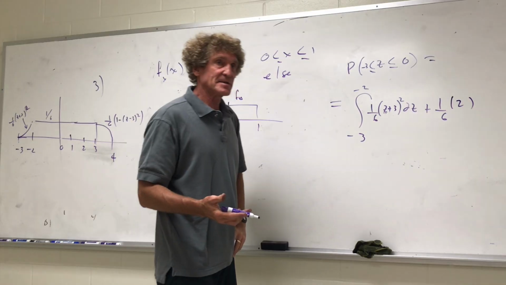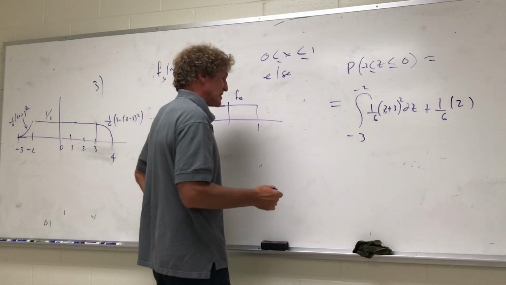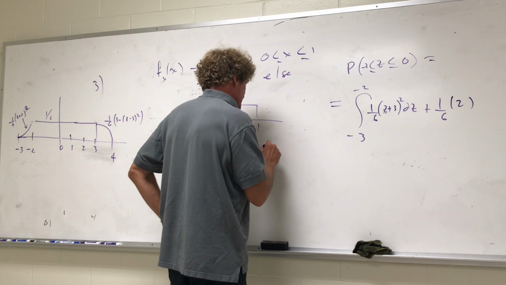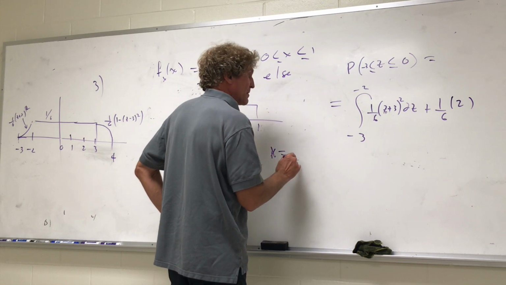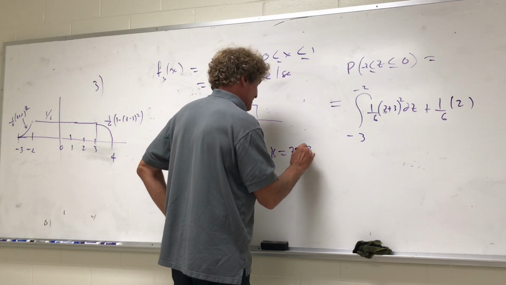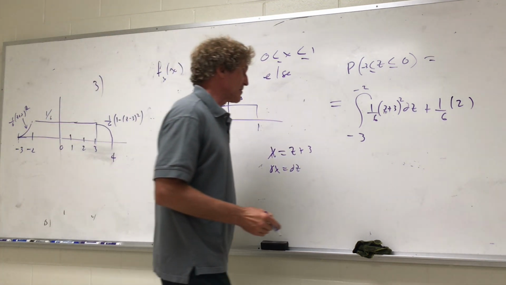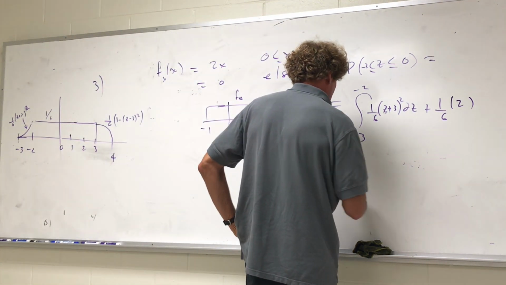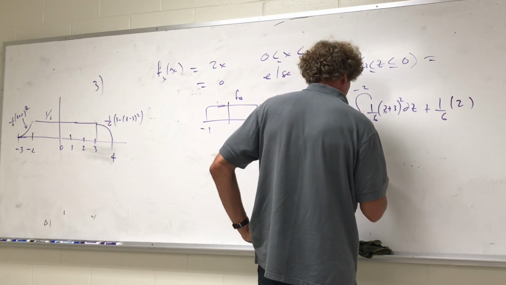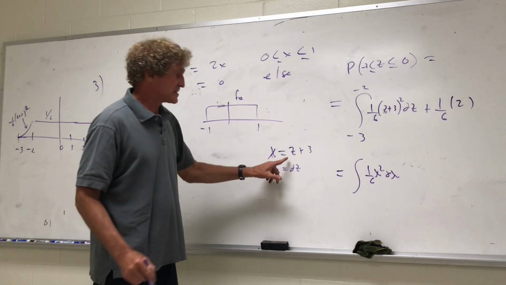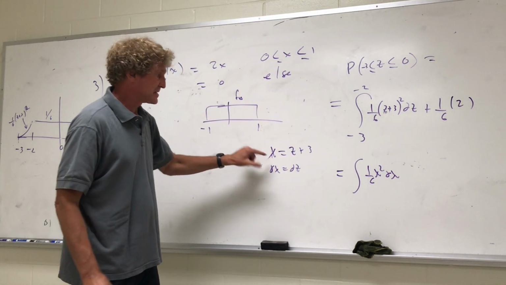Now this integral is just going to be in the form of x squared, and I'll show you what I mean. I'm going to call a new variable, call it x. I'm going to let x be equal to z plus 3, and that means dx is equal to dz. So now I can say this is equal to an integral of 1/6 x squared dx, but the limits will change. If z is equal to minus 3, x is equal to 0.